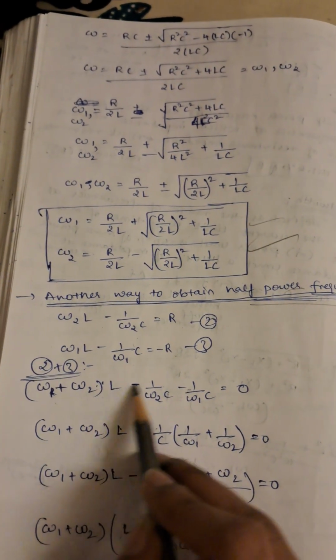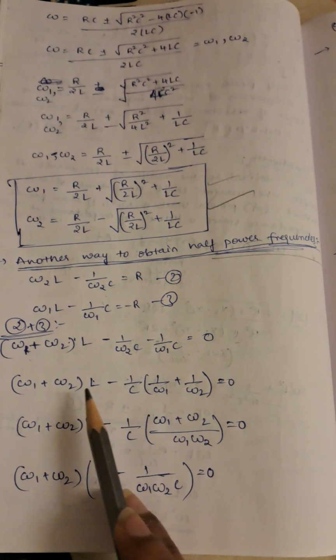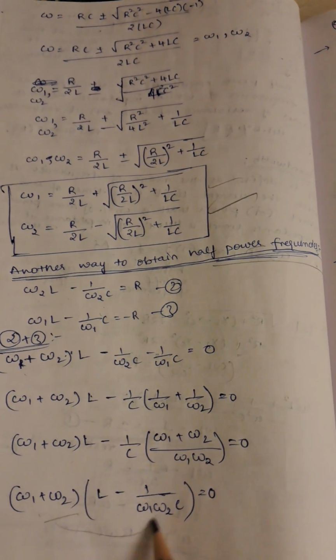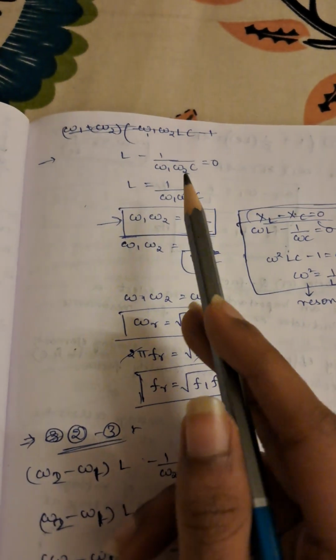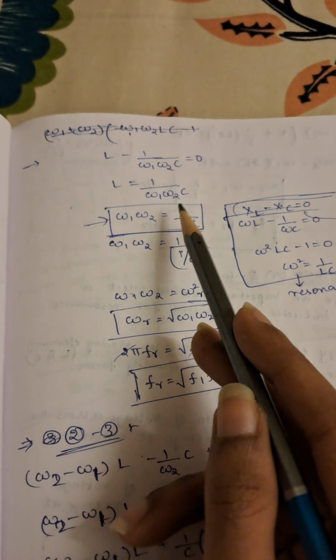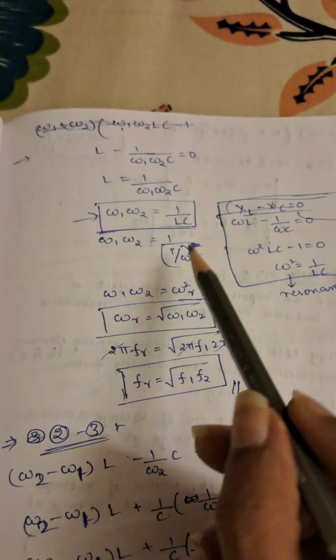Omega 1 plus omega 2 times L, R minus R will be 0. Take omega 1 plus omega 2 as common. This will be 0 obviously. And L minus 1 by omega 1 omega 2 into C is equal to 0. L is 1 by omega 1 omega 2 into C. Omega 1 omega 2 is equal to 1 by LC.